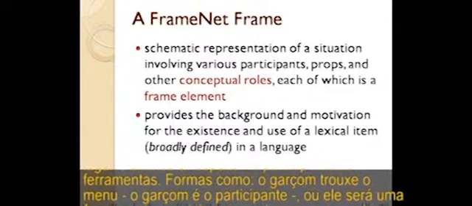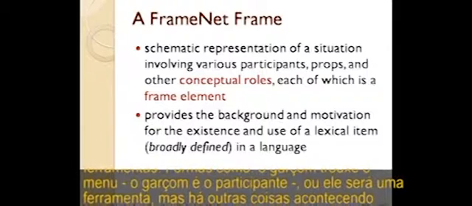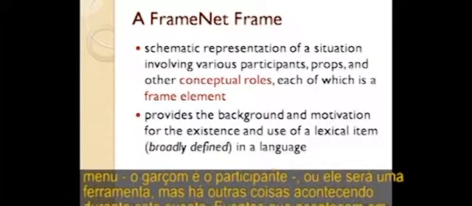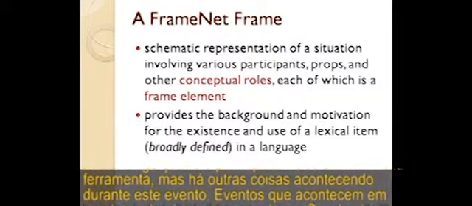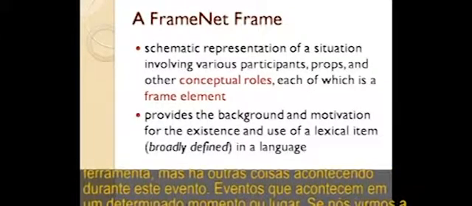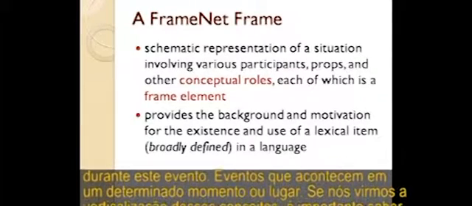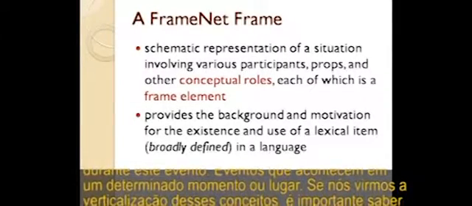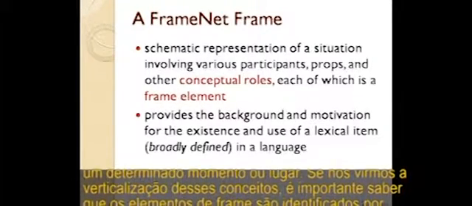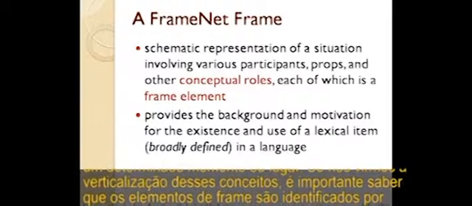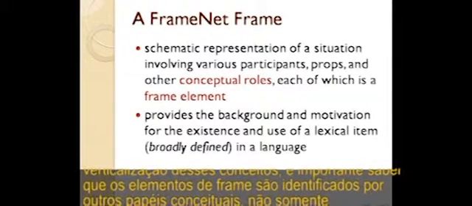Now, I highlighted conceptual roles because yesterday we didn't spend much time thinking about notions such as time and place, right? We talked about participants and props, right? You had a waiter, the waiter brought the menu, so the waiter is a participant, the menu would be a prop. But there are other things going on during, for example, an event.